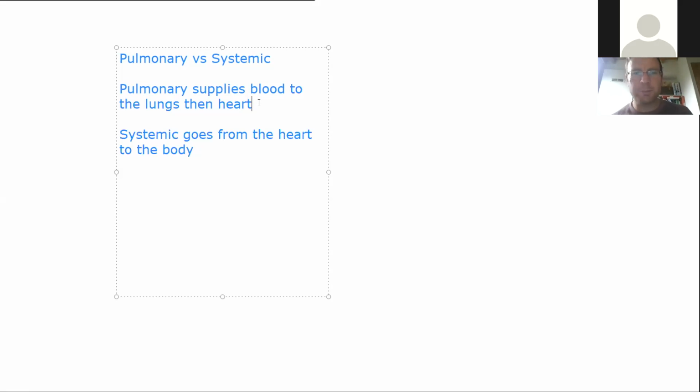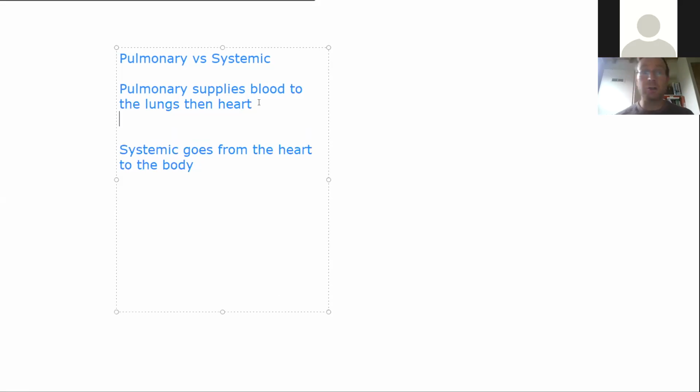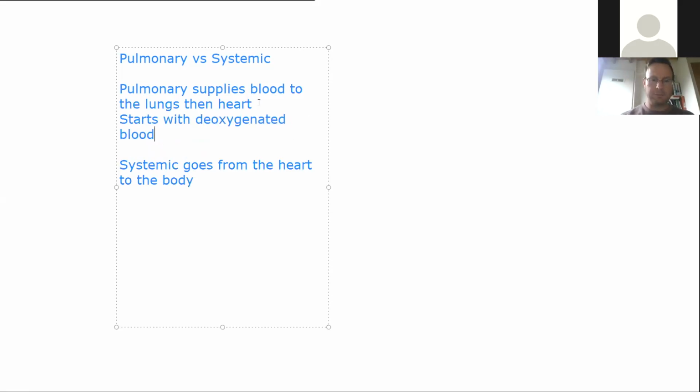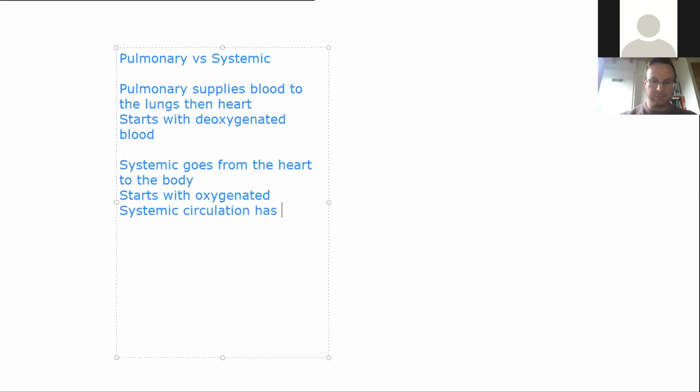What type of blood does the pulmonary circulation start with? Good. Which one's got the biggest blood vessel leading from it, pulmonary or systemic? Yeah, good. Systemic travels much further. Good.